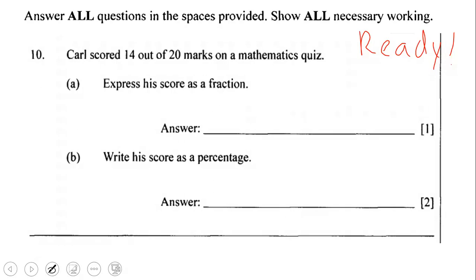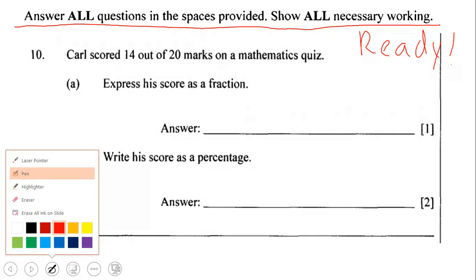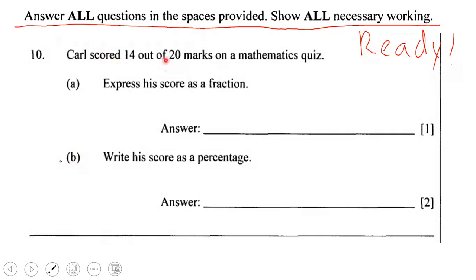We begin by reading the instructions. The instruction states the following. Answer all questions in the spaces provided. Show all necessary working. Number 10 reads, Carl scored 14 out of 20 marks on a mathematics quiz. A says, express his score as a fraction.